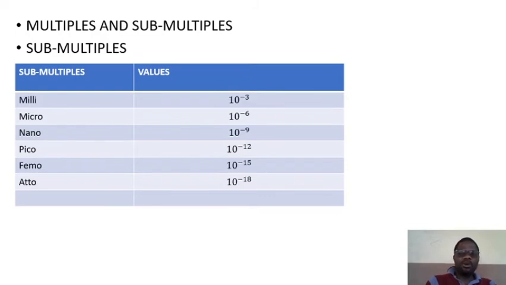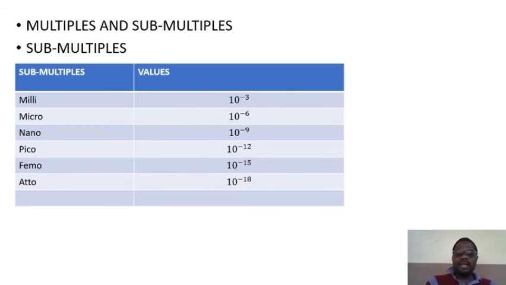Also, when we measure a small distance, such as the diameter of a thin wire, the thickness of a paper, using precision instruments, then we see something like millimeter, micrometer.